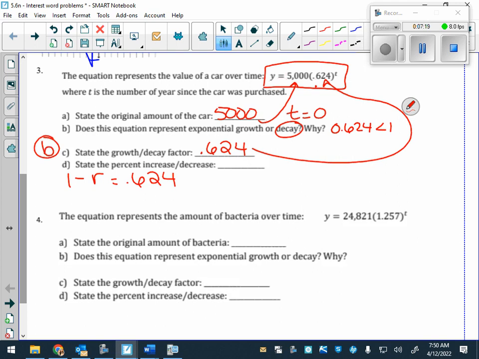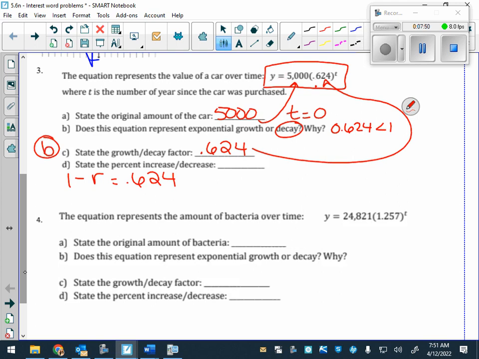What is our rate as a decimal? You guys have calculators on your desk. Let's do it. Yep. No, you're subtracting. Come on, use your calculator. How do we solve for r? What do we do?